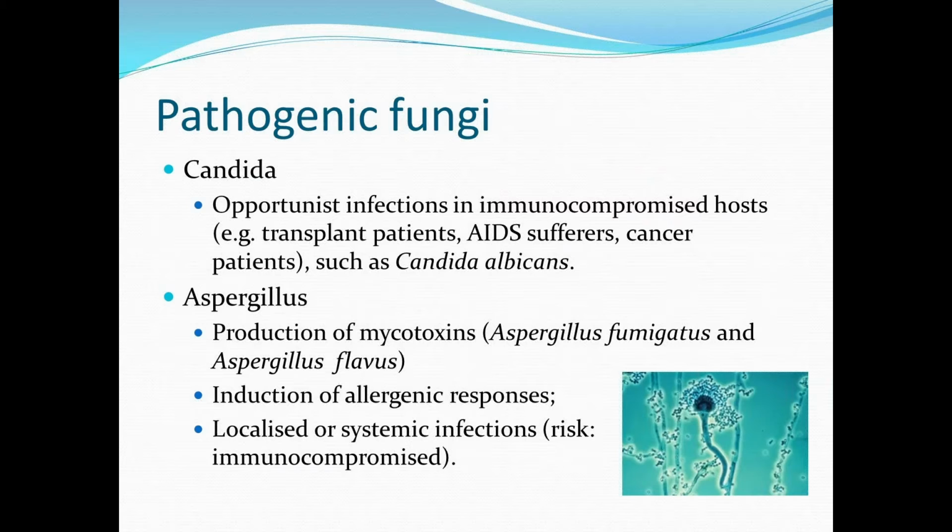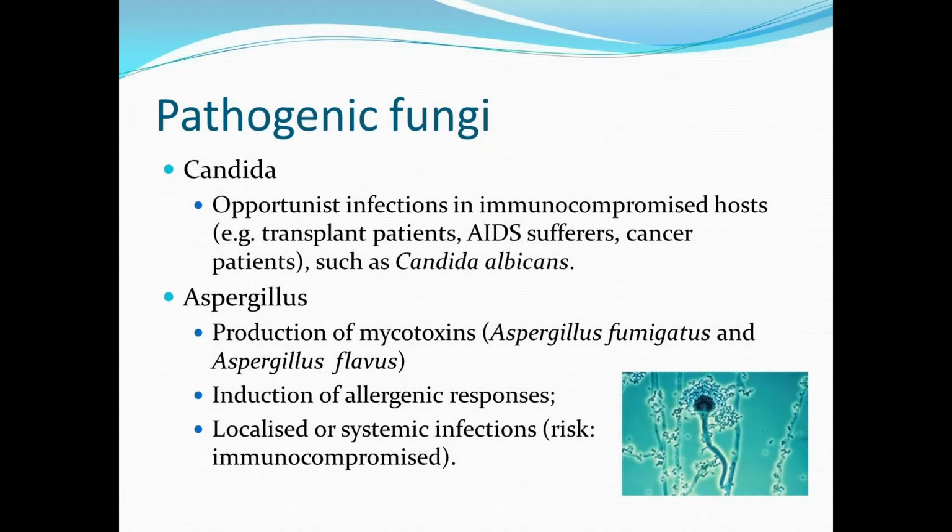Now, of those fungi that are theoretically posing the greatest risk in terms of being pathogenic, there's Candida, which I've mentioned, and Candida is a significant opportunistic contaminant in immunocompromised people. For example, a transplant patient would be at great risk from a Candida infection, such as Candida albicans.